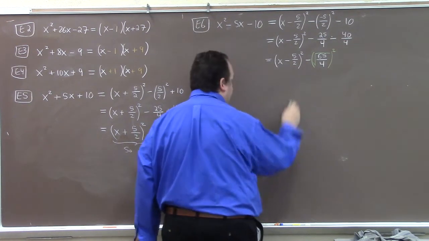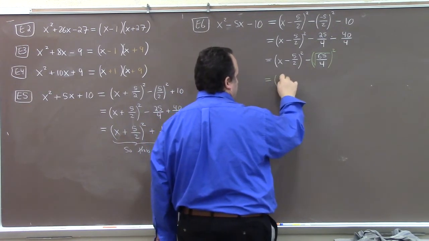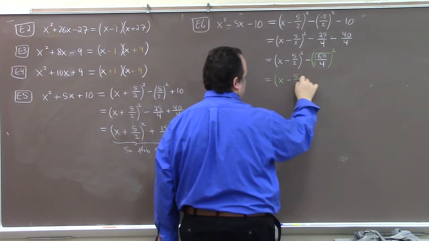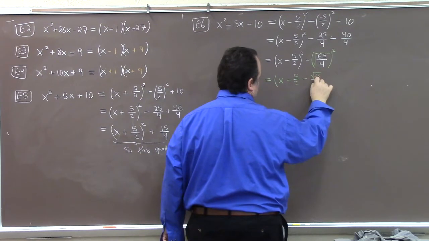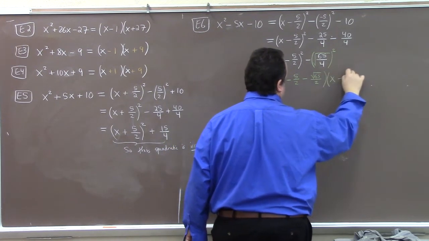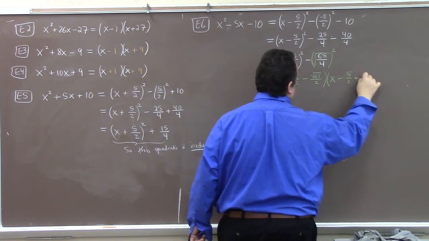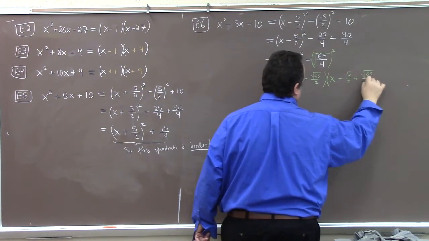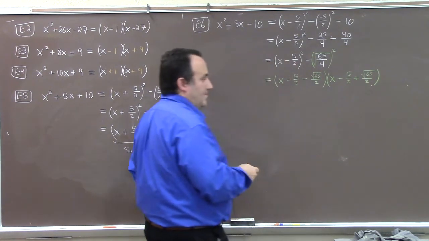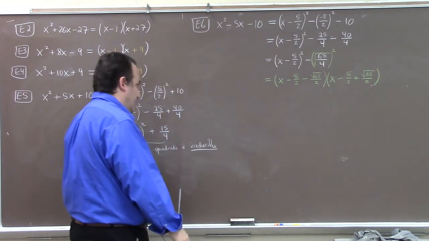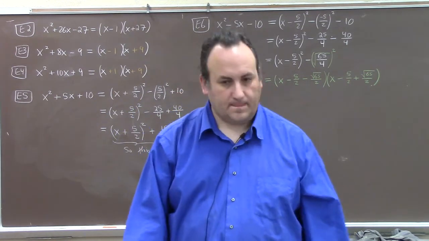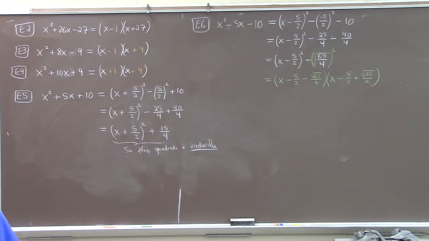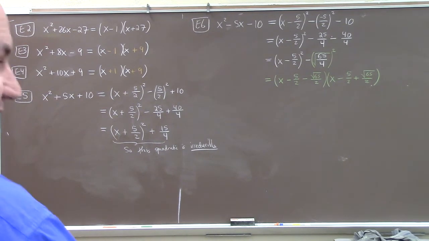And so what we have is x minus 5 halves minus the square root of 65 over 2, times x minus 5 halves plus the square root of 65 over 2. So, hooray, we could factor it, right? But it was ugly.